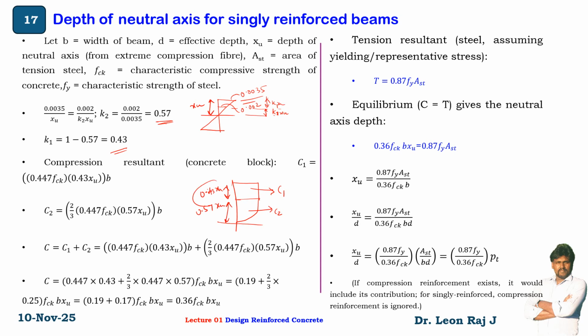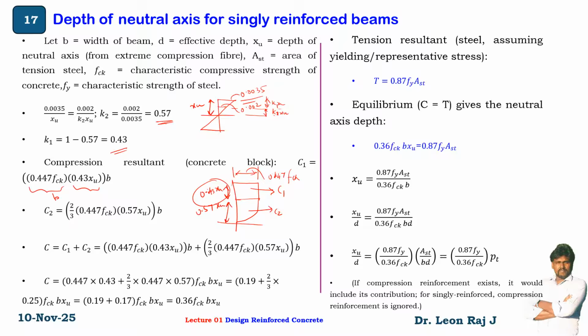So you know the height and this width also you know, that is 0.447 FCK. So C1 is nothing but 0.447 FCK into 0.43 XU into B.